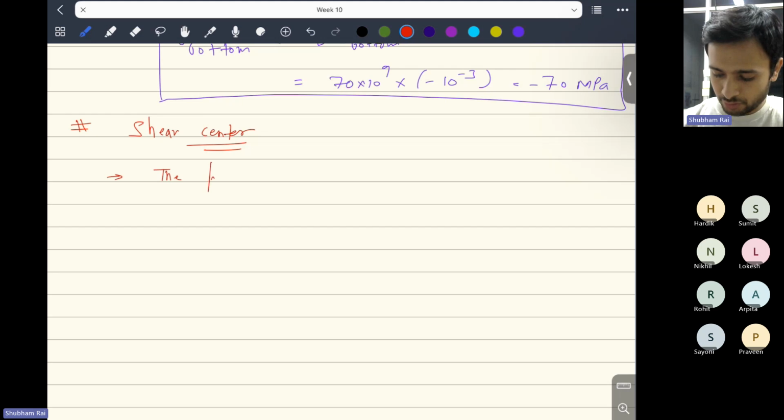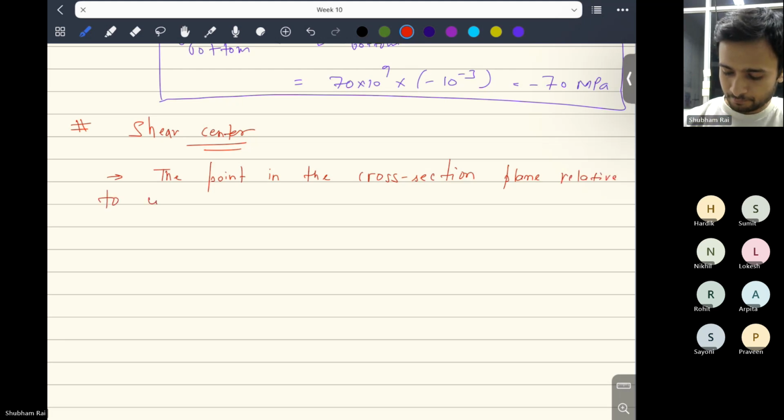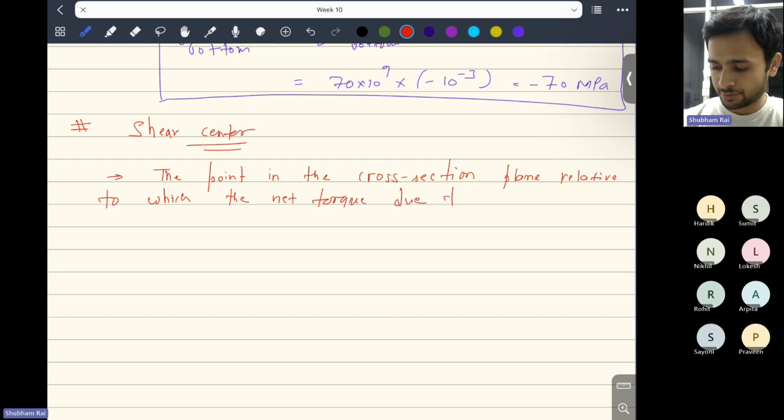Shear center is the point in the cross-sectional plane of a beam, or any cross-sectional plane, relative to which the net torque due to shear stress distribution vanishes.